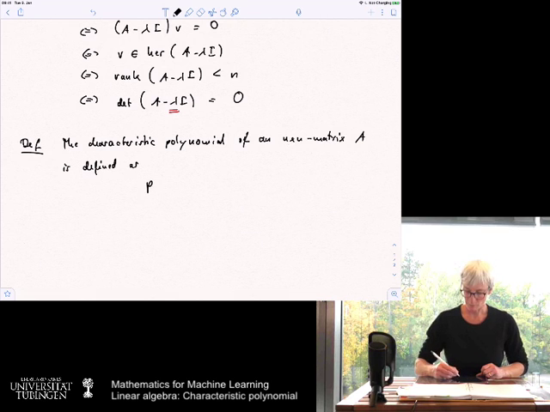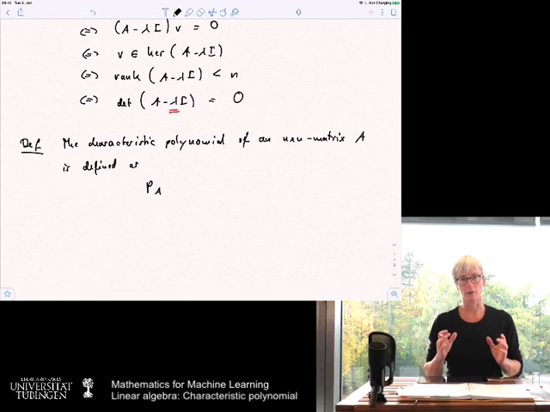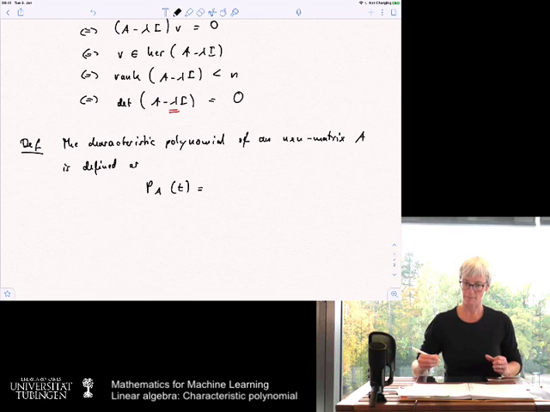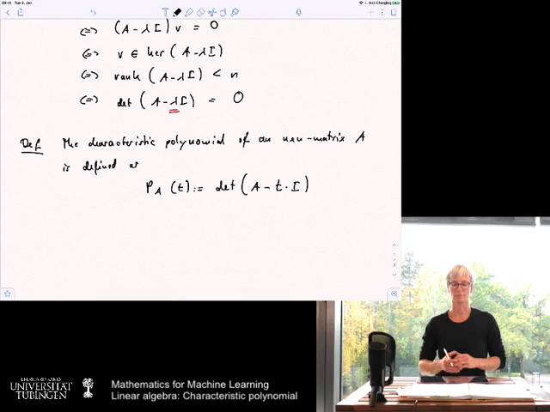I write p_A, the polynomial corresponding to matrix A, with argument t, so t is the variable I've been talking about. I simply define it as the determinant of A minus t times the identity. So this is a definition.